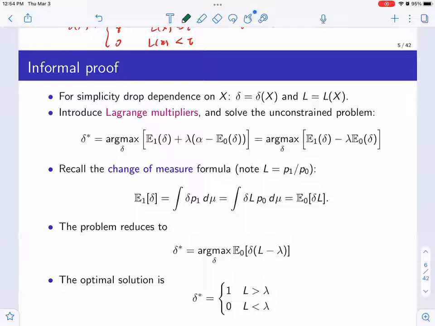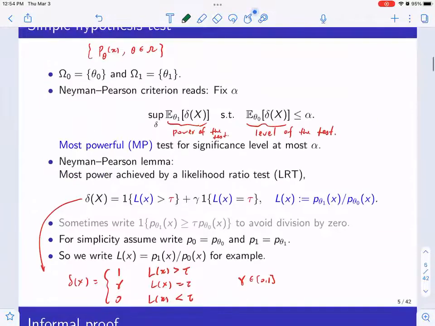If I do that, then a common approach to solving a constrained optimization problem is to introduce Lagrange multipliers. This is a scalar, a single constraint.